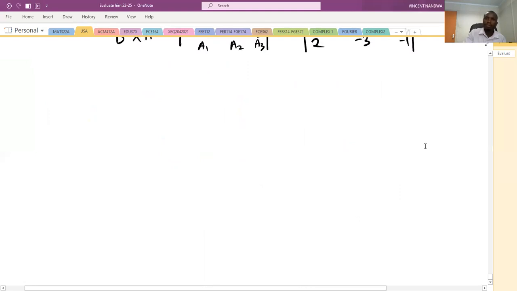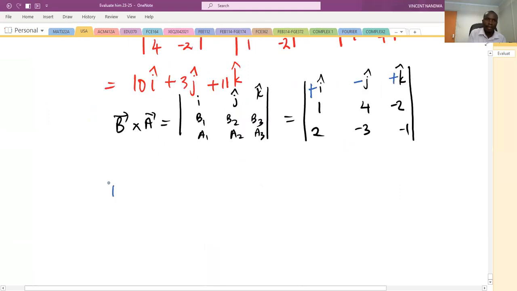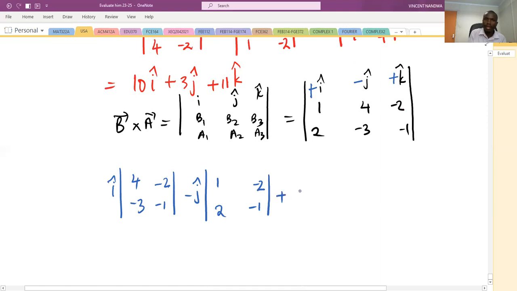So we'll have i, determinant, delete this row, delete this column. So we have 4, minus 2, minus 3, minus 1, minus j, delete this row, delete this column, so we have 1, minus 2, 2, minus 1, plus k, delete this row, delete this column, so 1, 4, 2, minus 3.